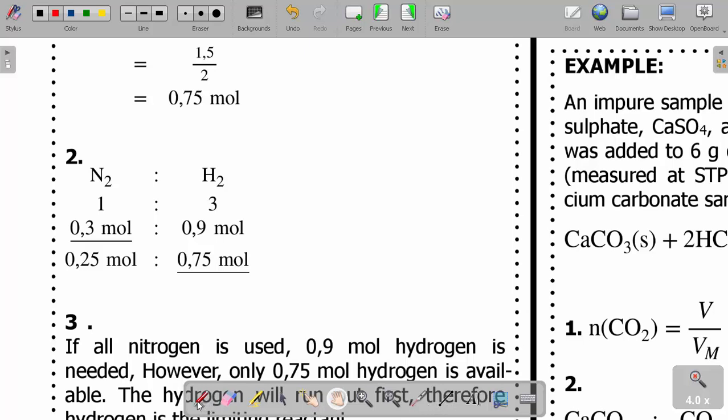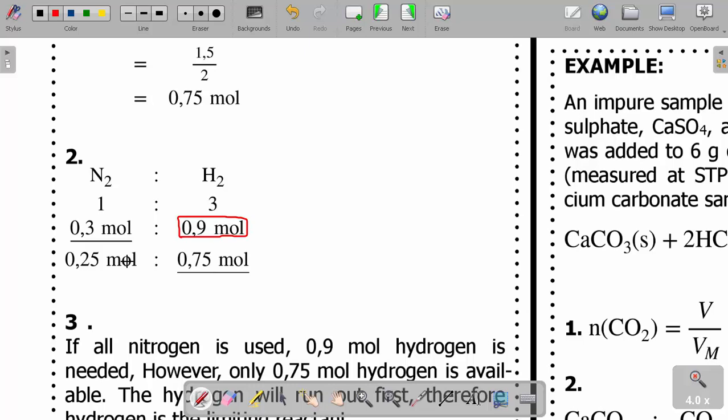So what do you think, guys? Talk to me. Look here. I need 0,9 moles of hydrogen to completely react with all 0,3 moles of nitrogen. But I only have 0,75 moles. So what do you think is the limiting reagent here?